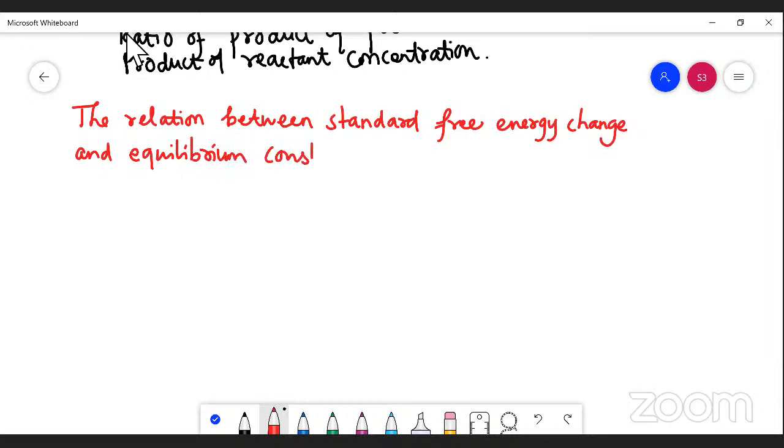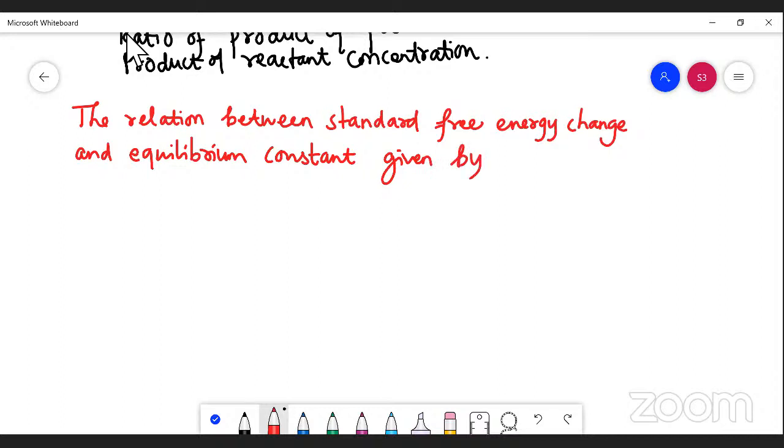What is standard free energy change? We know that it is the energy involved in the reaction, and the equilibrium constant we know is K. How to represent K, we know already. So the relation between standard free energy change and the equilibrium constant is given by an expression.